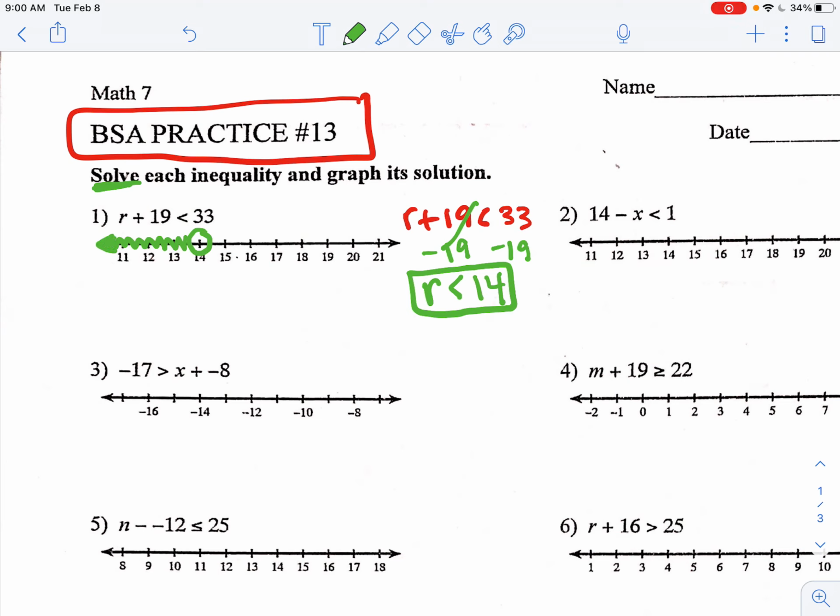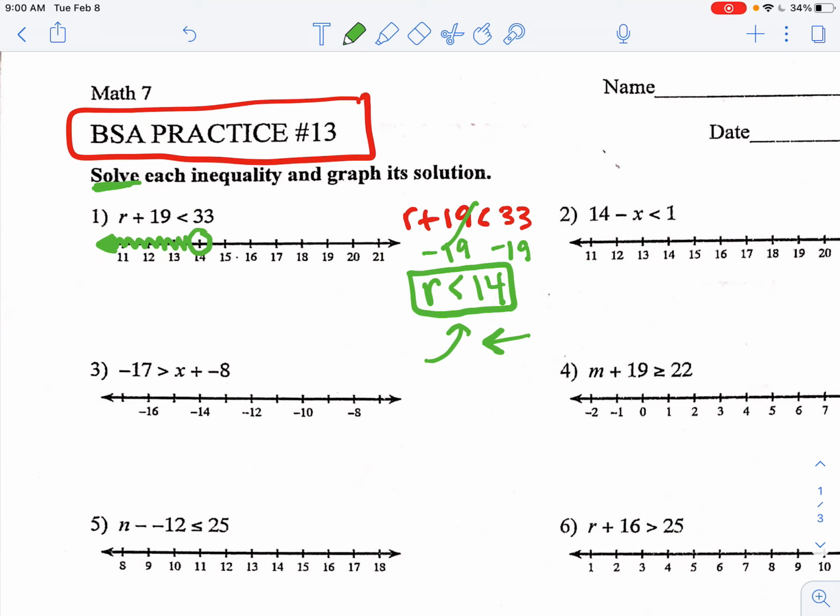I'll remind you about trying to make a trick or a rule out of shading the way the arrow points. Some people look at that less than symbol and think it's an arrow that points to the left, which it kind of is, and people try to make a trick and say you can always shade that way.